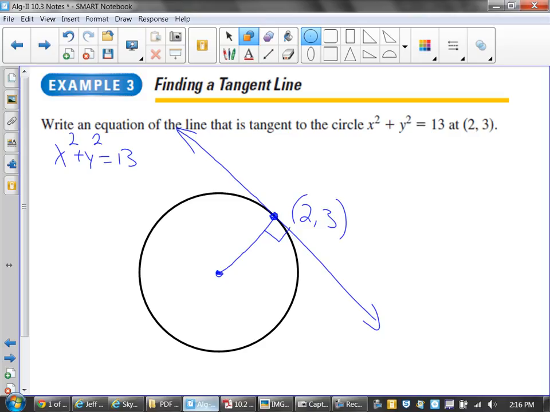That means we have to do a little bit of work. In order to write equations of lines that wind up being perpendicular, you have to know something about their slopes. In this case here, I need to worry about the slope of the radius.